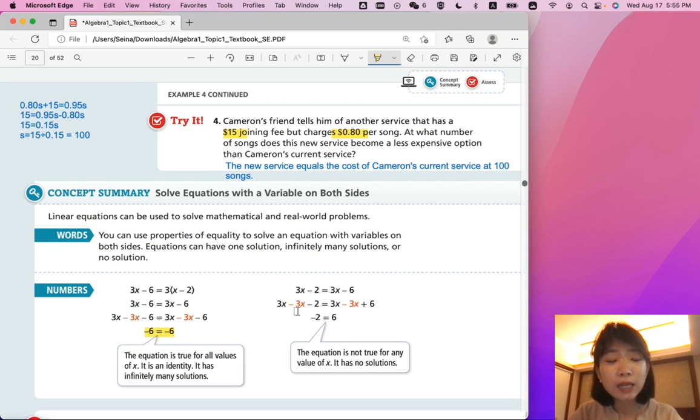If it does make sense and it is true for all variables, then it is an identity. So it has infinitely many solutions. If your equation is not true for any value of x, it means it has no solutions. So please remember these two key ideas.